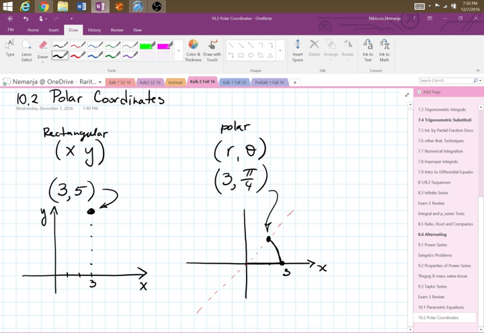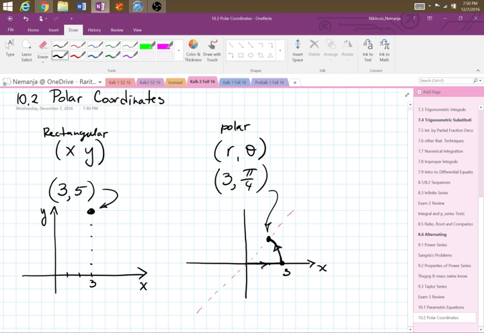But that black line, that's the angle pi over 4. We don't need it, it's a construction line. So I just showed that I swing this for the pi over 4 angle.